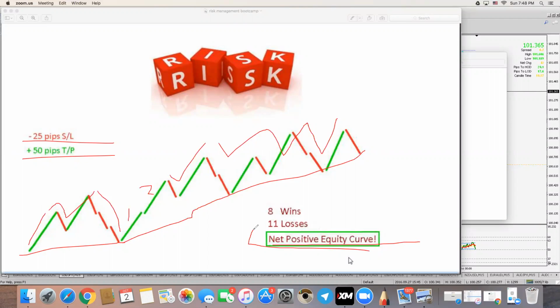So you have 11 losses and 8 wins, but you're still positive. If you have a $1,000 account and you have this, you still are positive, like 1,600 or whatever. So this is what I mean. 8 wins, 11 losses. It's pretty good.